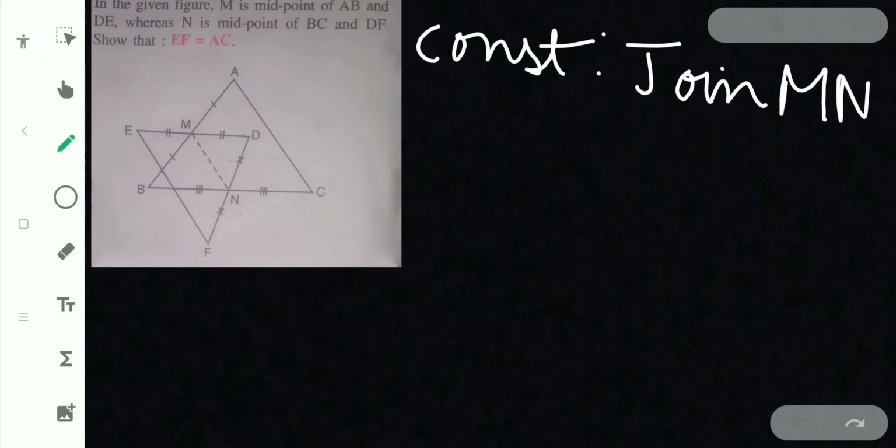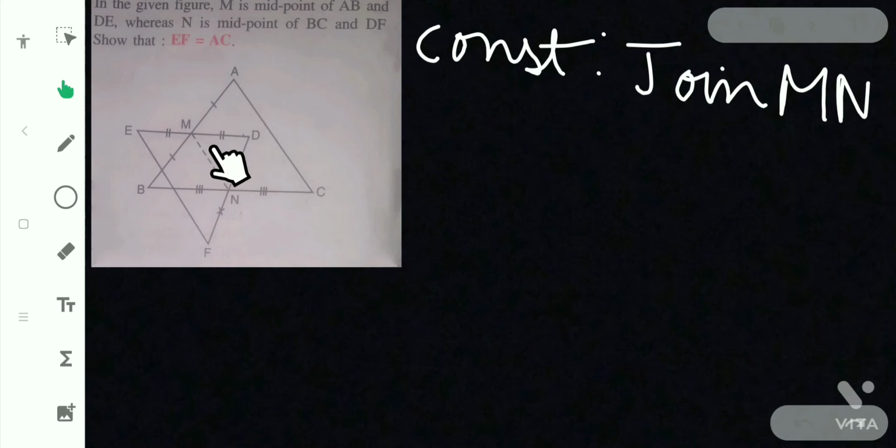Now what else we are having is, as we got two midpoints and we have done a construction, we joined MN so as to get the line joining two midpoints. So when we get a line joining two midpoints in a triangle, the thing which flashes onto our mind is the midpoint theorem.